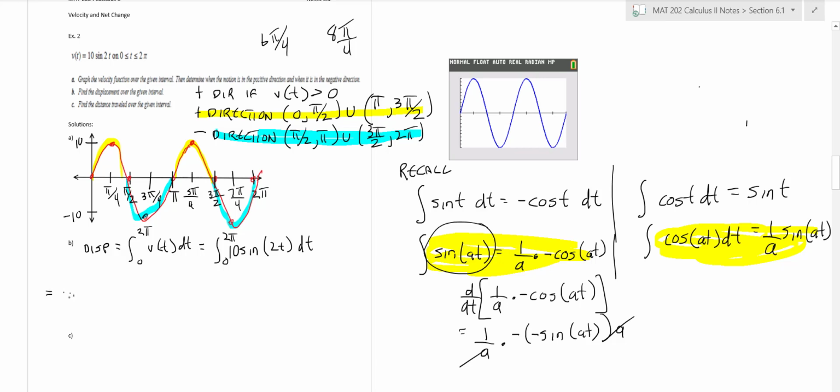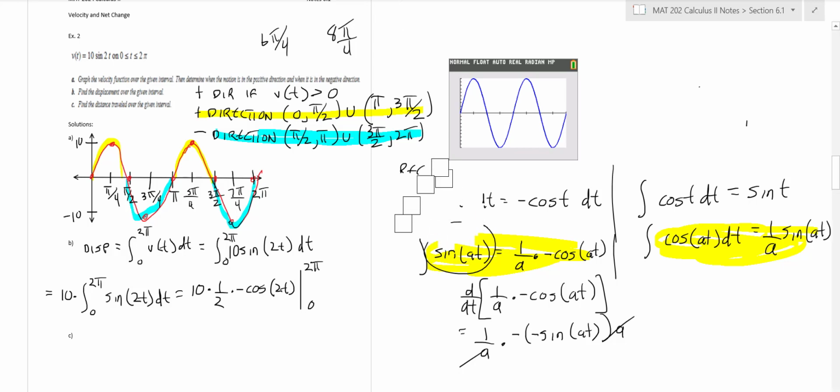So you would end up having 10 times the integral 0 to 2 pi of sine of 2t dt. Okay. You can remember you can bring constants out of an integral if it's multiplied by the function. So now what we have is 10 times, now the antiderivative is 1 over 2 times negative cosine of 2t, and we're going to evaluate that from 0 to 2 pi. So we're going to get into some unit circle stuff too.